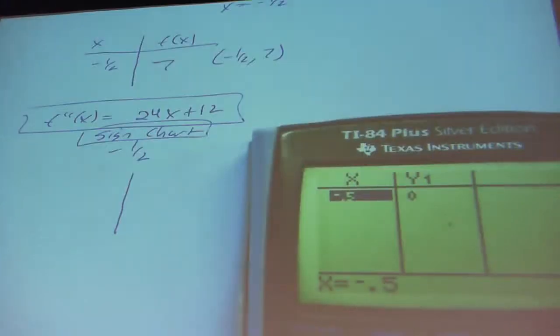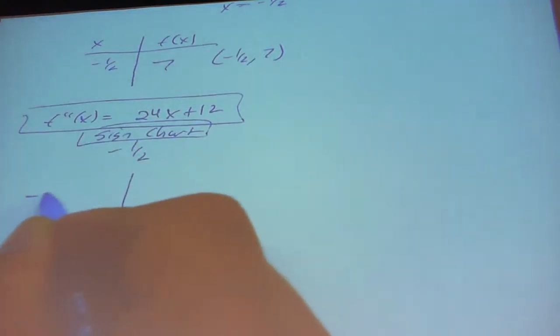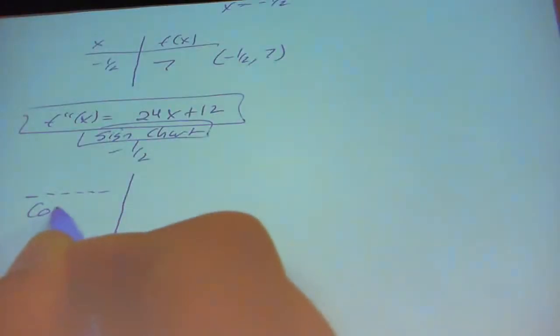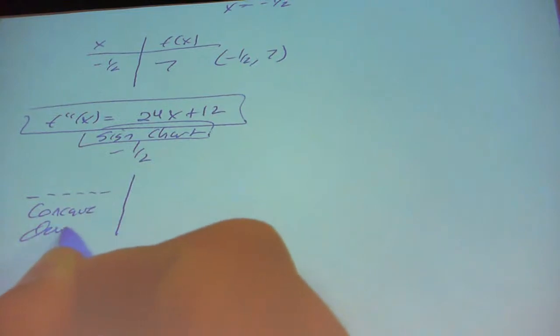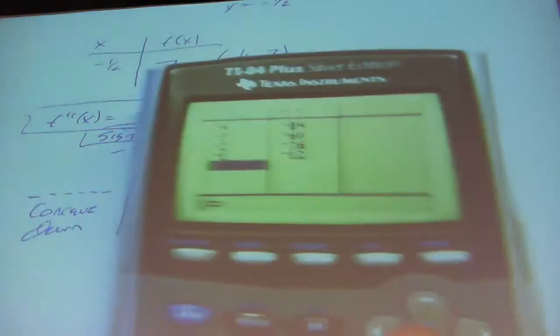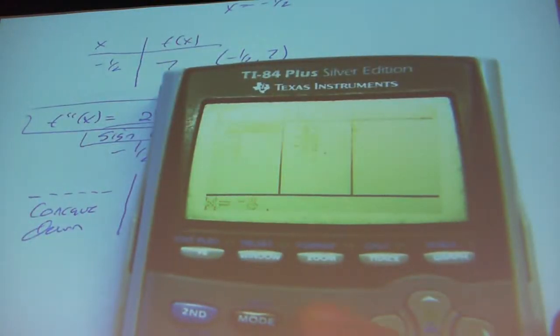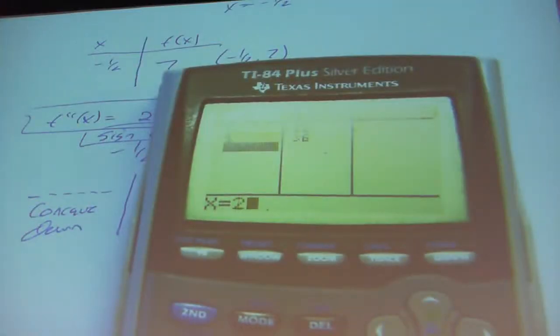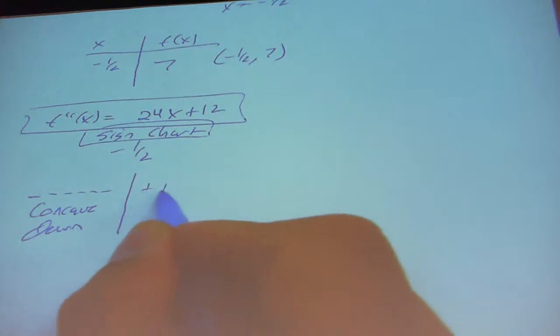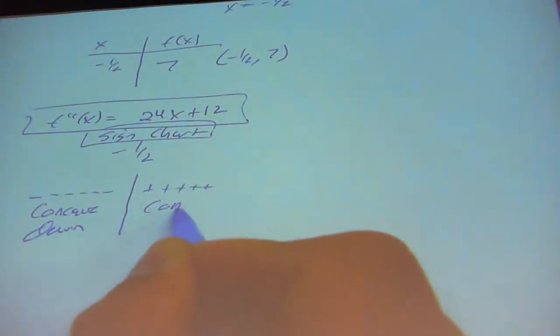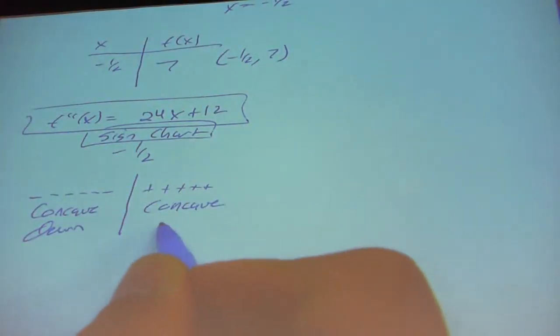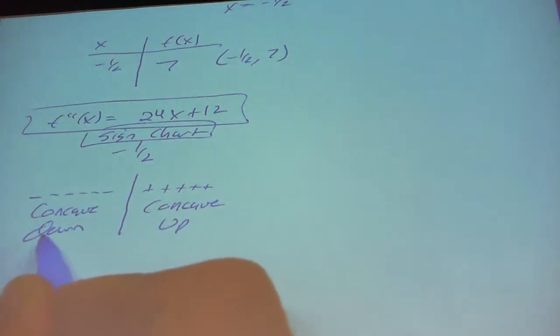Remember, before negative a half would be like negative 4, negative 3, negative 2, negative 1, all of which are negative. That's where it's concave down. Numbers after negative a half, like 0, 1, 2, 3, 4, are all positive. That's where it's concave up. So at negative a half, that's where it changes from concave down to concave up. So we have an inflection point.